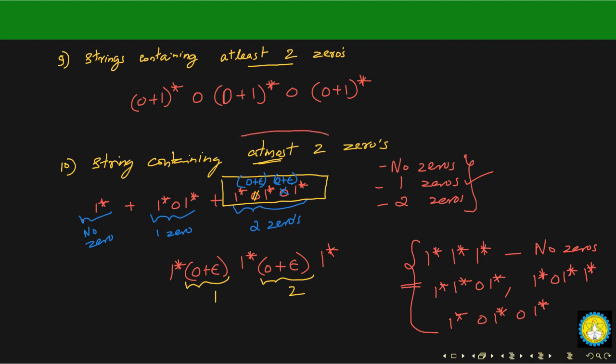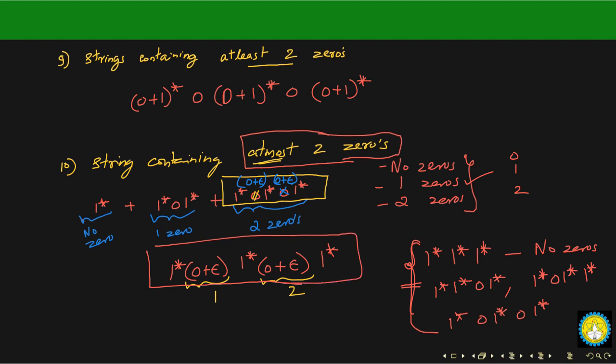We want at most two zeros, so the number of zeros cannot be more than two. It can be 0, 1 or 2. Since we have covered all these cases, this is going to be our regular expression for representing strings that contain at most two zeros.